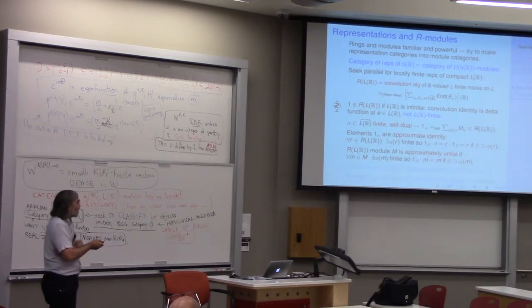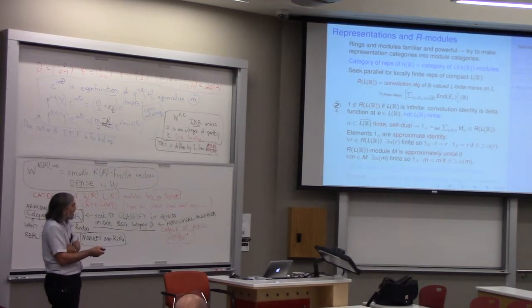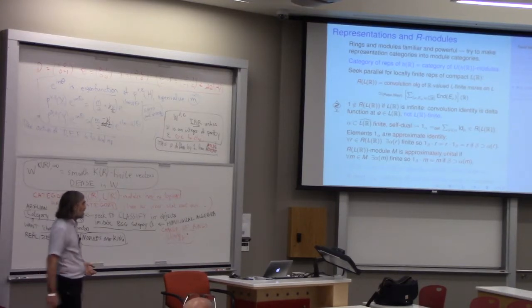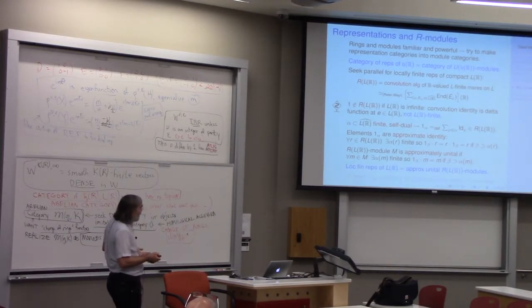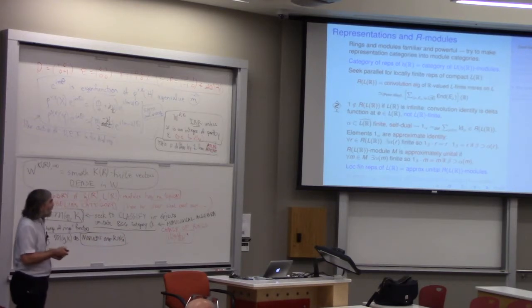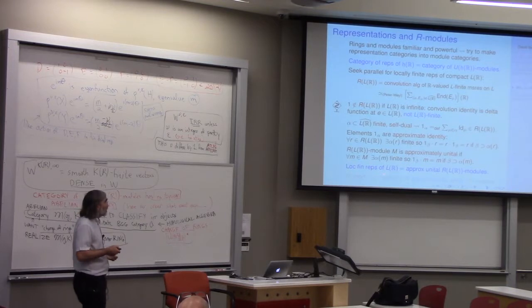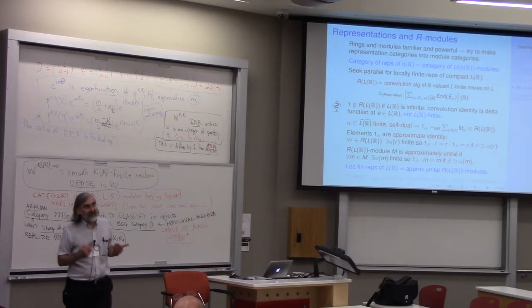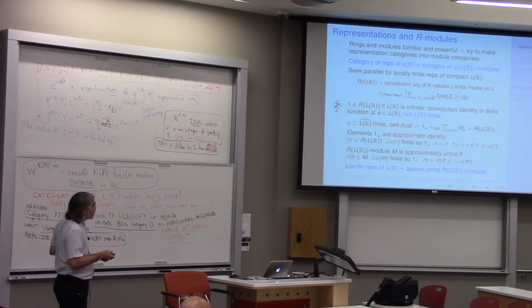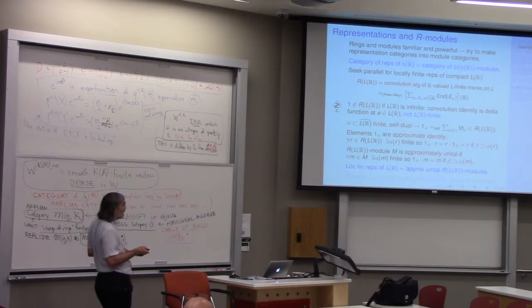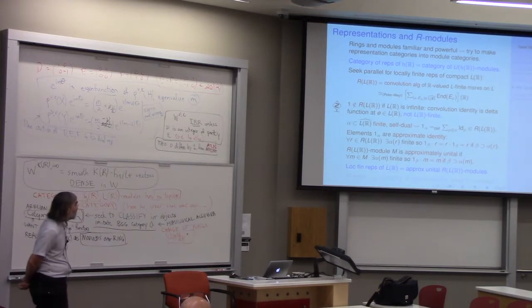That means that for every element of the ring, big enough, good enough approximations to the identity act by 1. That's the statement. And now what's true is that a locally finite representation of this compact group L of R is exactly the same thing as an approximately unital module for this Hecke algebra.